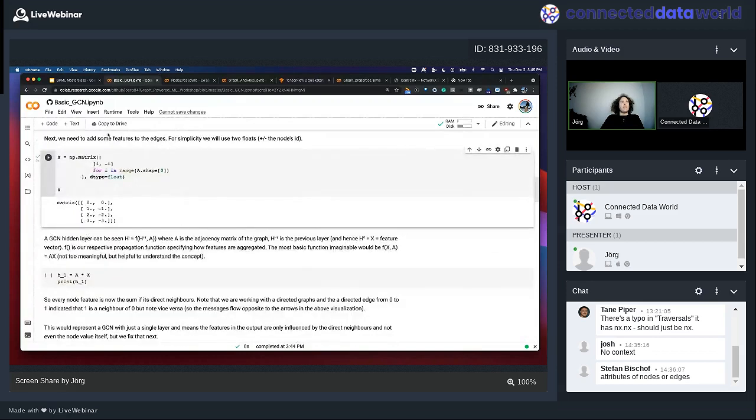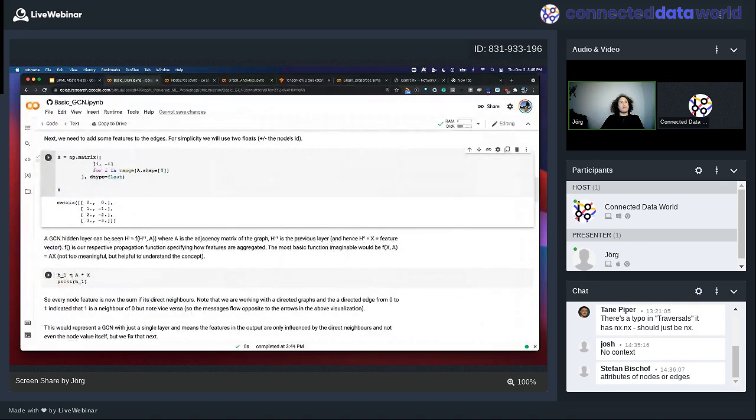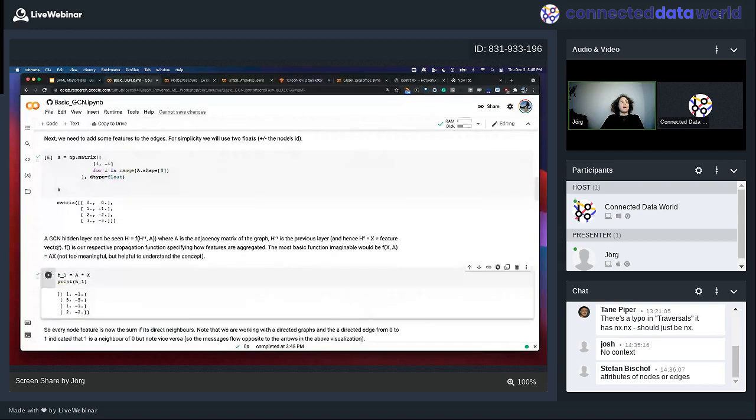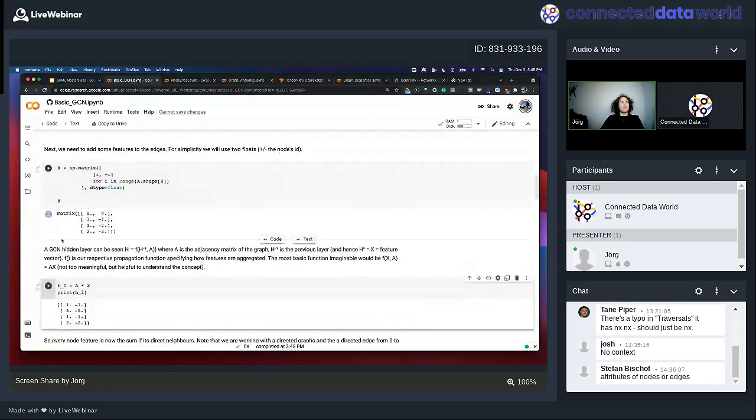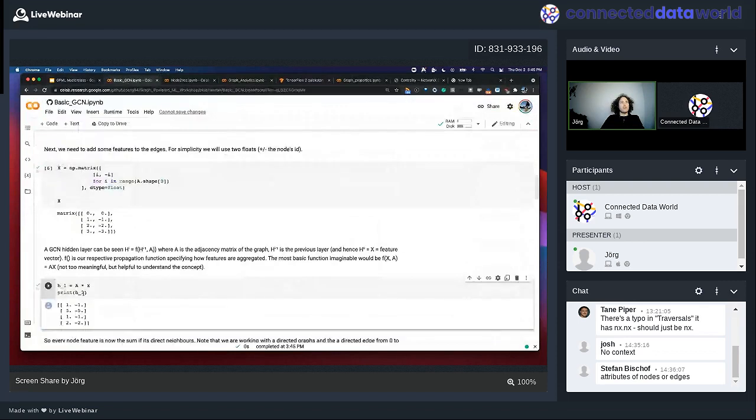Now, if we jump back to the slide of message passing, one step in such a graph convolutional network basically means I want to pass my vector of information to all my neighbors. If we now look at the adjacency matrix and multiply it with our features, this actually means, in terms of matrix multiplication, that we distribute and sum over all our neighbors. So basically we take this inner part and sum over all the messages we are receiving. Let's do that.